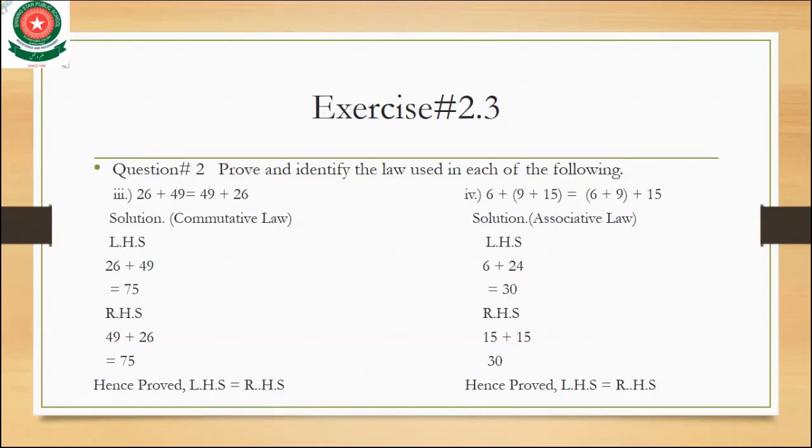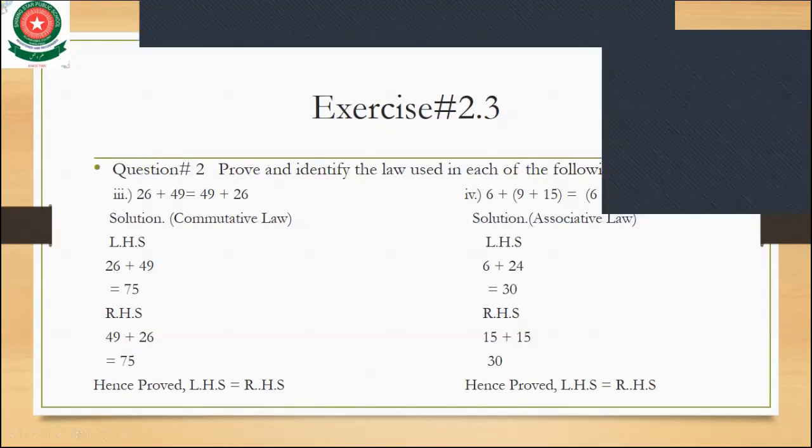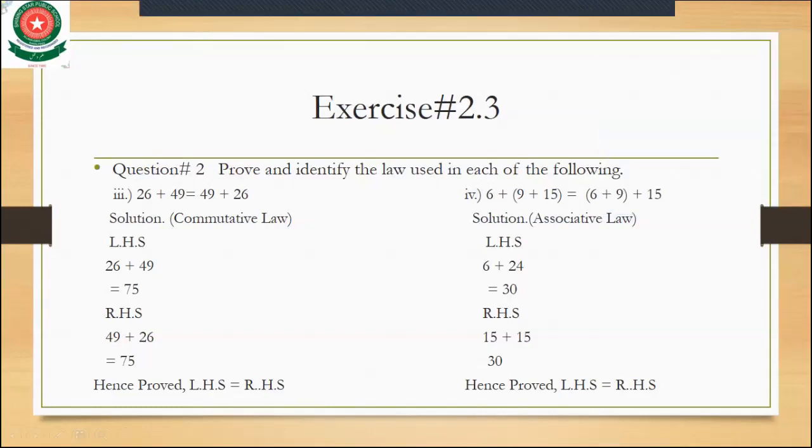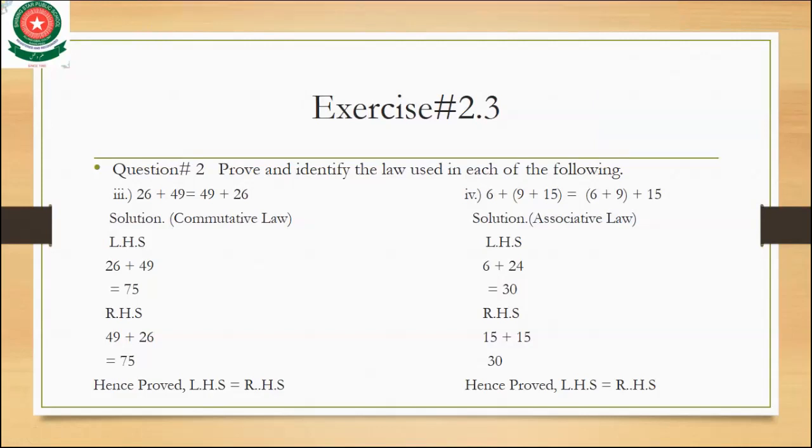This is the math rule. So 15 plus 9, these numbers are in the bracket, so first we add them. 15 plus 9 is equal to 24. Then 6 plus 24, the answer will become 30.